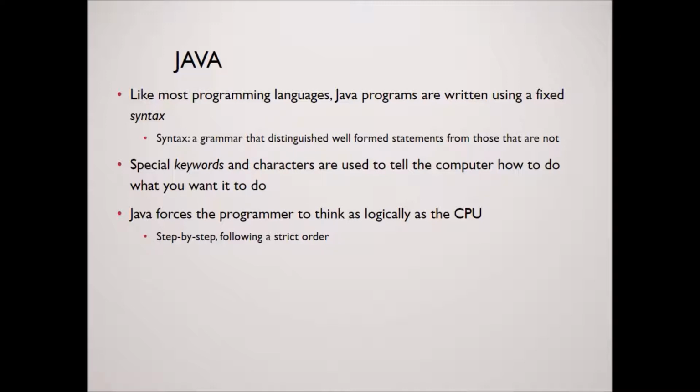When it's finished with that, it goes to the next one, and then it goes to the next one. There are ways of creating structures that cycle, that repeat themselves for a certain number of times or until some condition is met. We'll talk about that later.